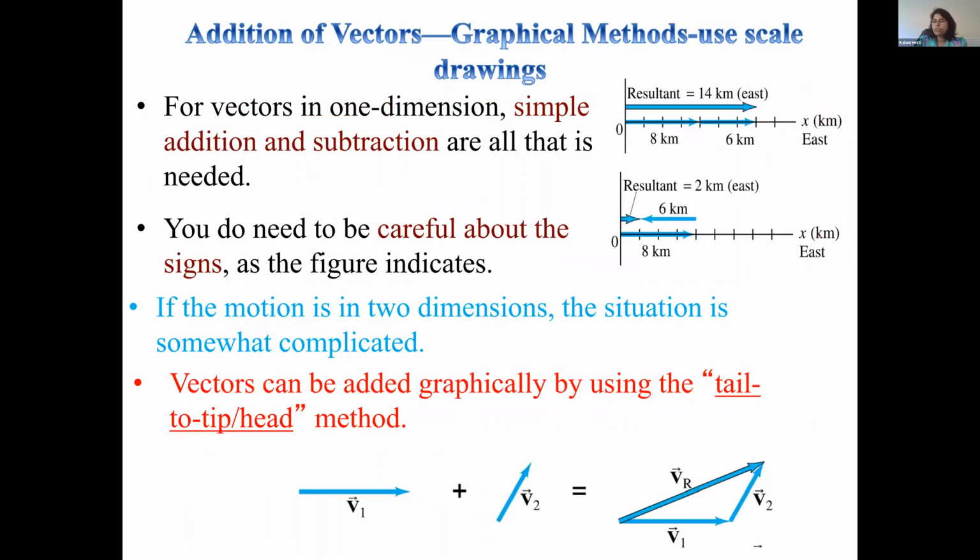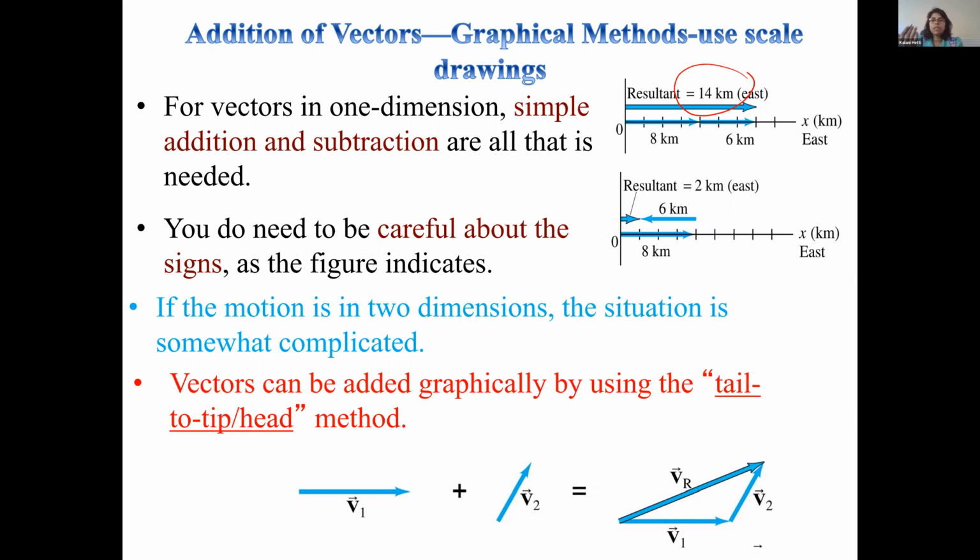Now it's very simple: if you have vectors and you need to find the net vector that combines these vectors, we call it the resultant vector. That means we're going to talk about adding vectors. Okay, simple example: if you have 8 kilometers in this direction, and I have 6 kilometers in the same direction, then your net vector, the resultant vector, will be 8 and 6 together, which gives you 14 kilometers.